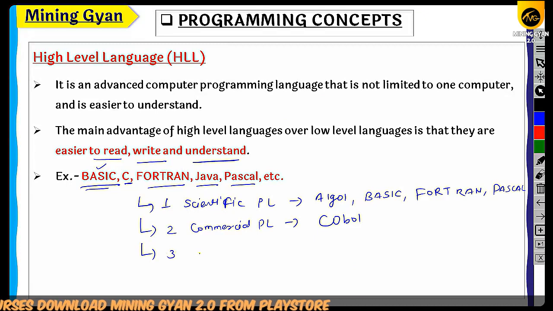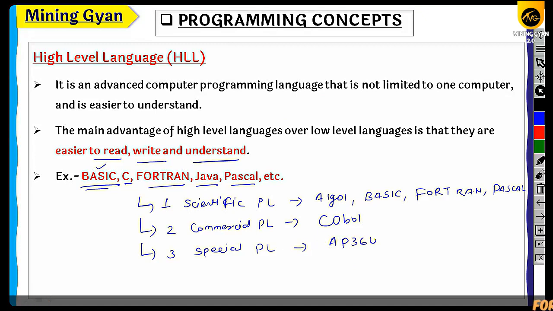Now the third one is the special purpose programming language. One example of a special purpose programming language is AP360. This is another kind of high level programming language which belongs to the special purpose category.